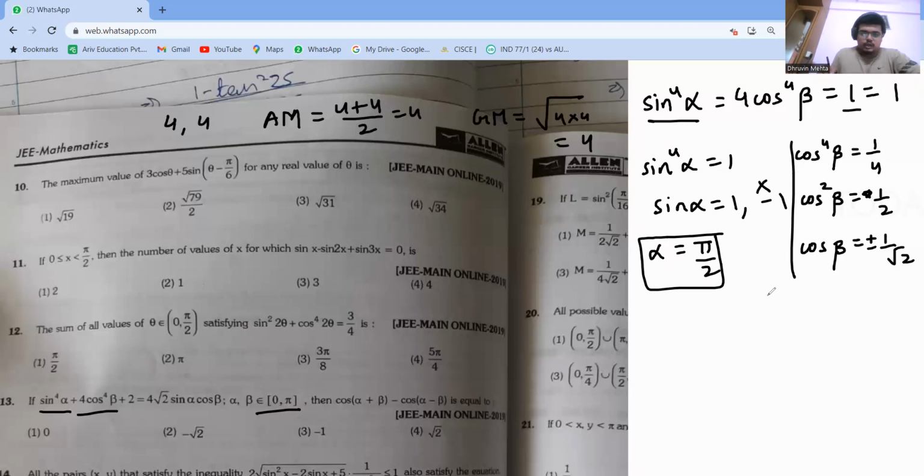So from here there are two possibilities. Cos beta will either be 1 by root 2, or cos beta will be minus 1 by root 2, and it can be both in this sum because it is the first and second quadrant. So now solve this, guys. Now can you find the value of this?